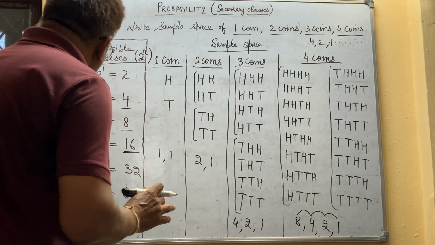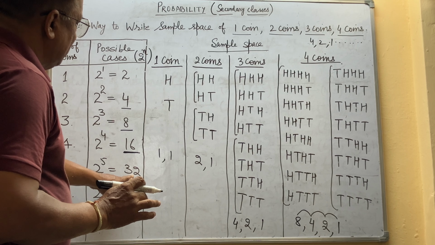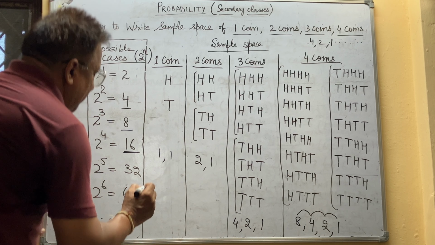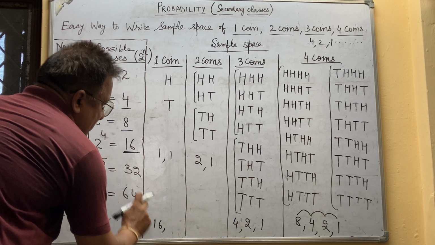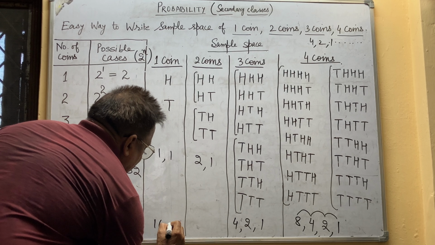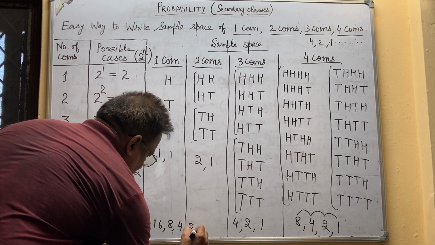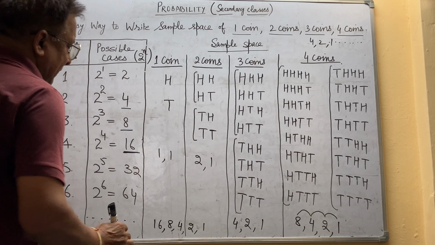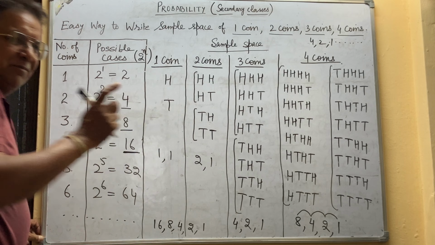If I come to 5 coins, here, 32 cases, then this formula will be 16, because half of 32 is 16, then 8, then 4, then 2, then 1. And you will get 5 columns, 1, 2, 3, 4, 5.